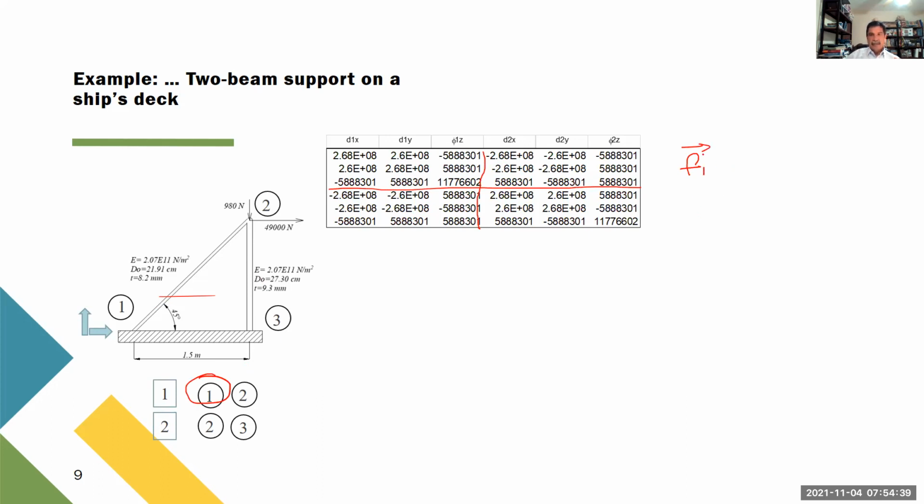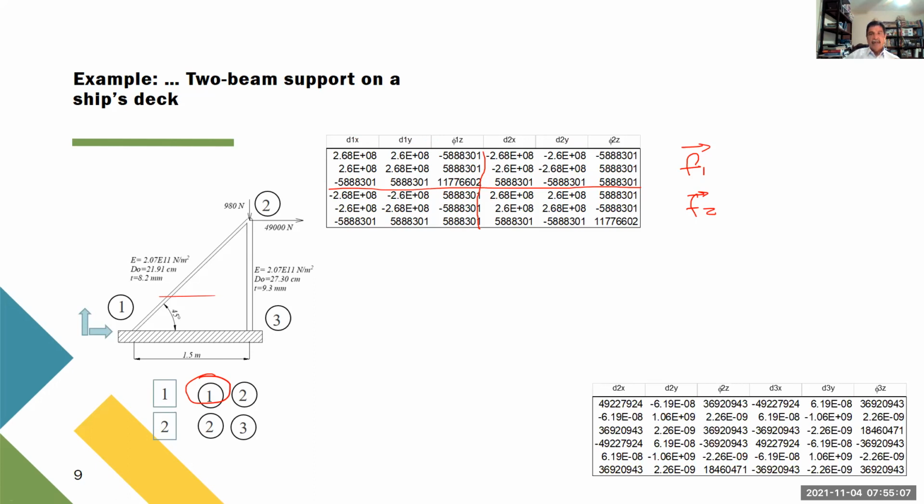That means F in the X, Y direction, and also the moment in the first joint. And this corresponds to the F2 vector. That means the two components, X, Y direction, and also the moment. And they are the result of multiplying these numbers times the displacement of the first and the second joint.